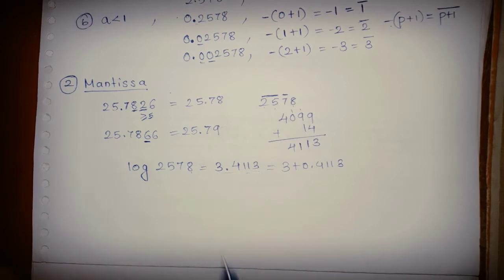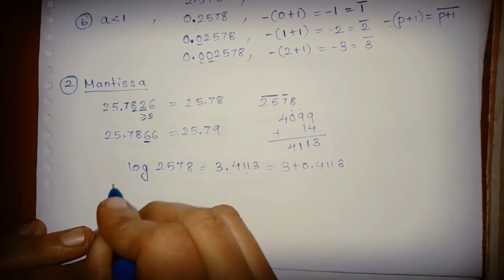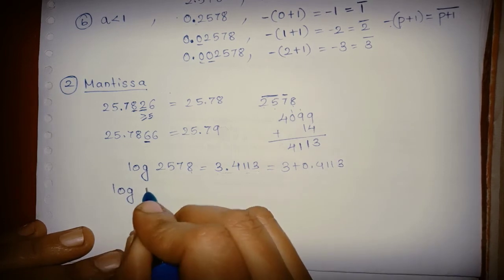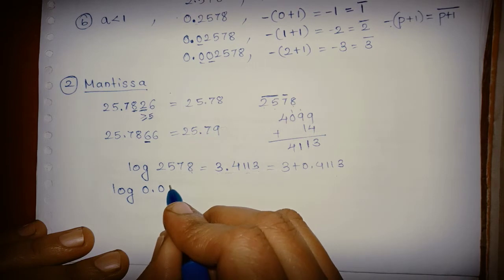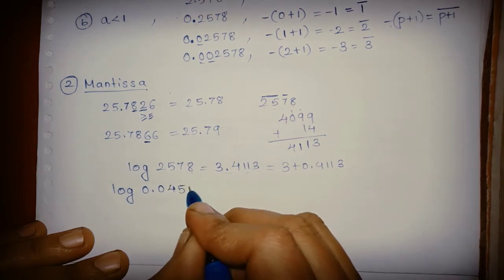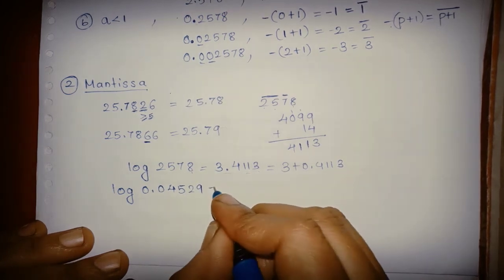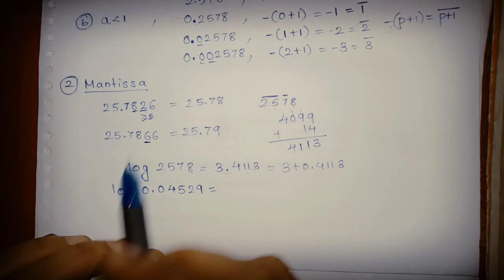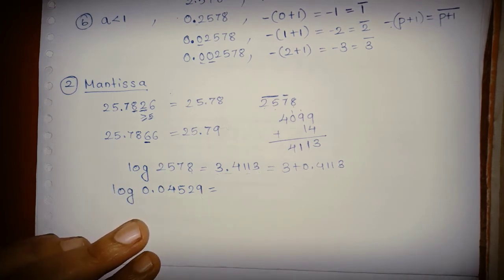One more example I can take, say log of 0.04529. Now this a is less than 1, right?